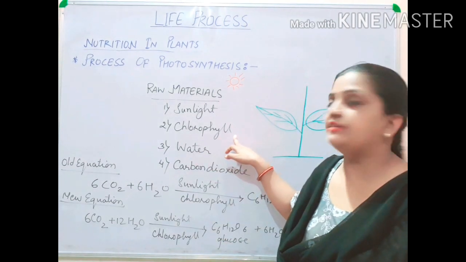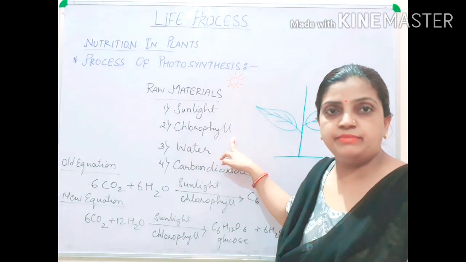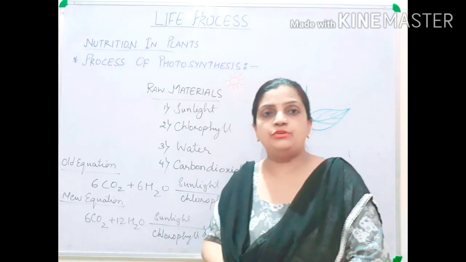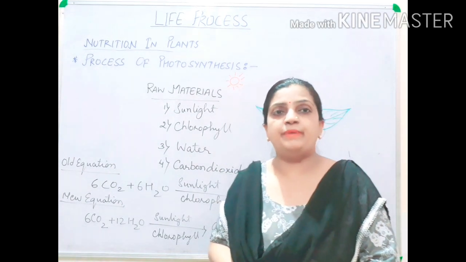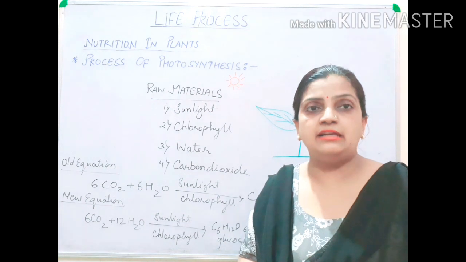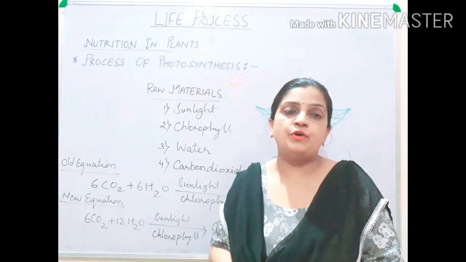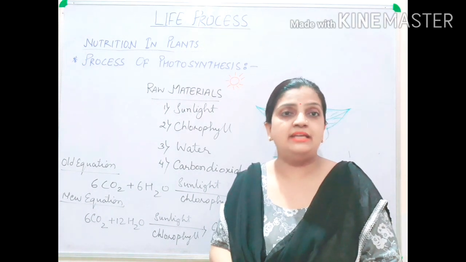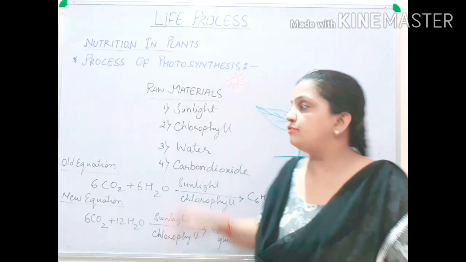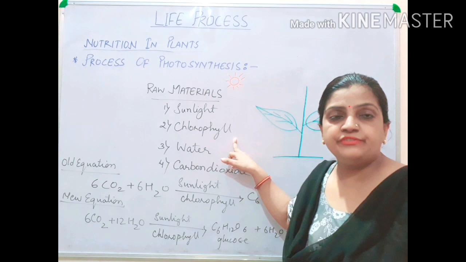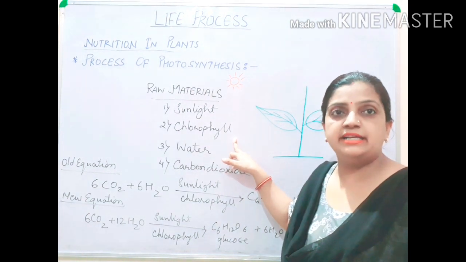Now the second, if I consider, is the chlorophyll pigment. In my last video I have told you all that this chlorophyll pigment is present inside the thylakoid of grana of chloroplast, which is a type of cell organelle present only in plants. So chlorophyll is present in the leaves, in the green part of the plant itself.